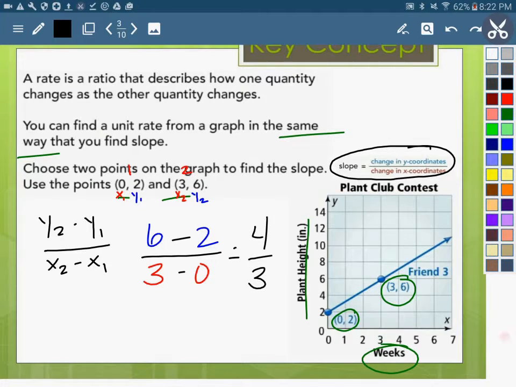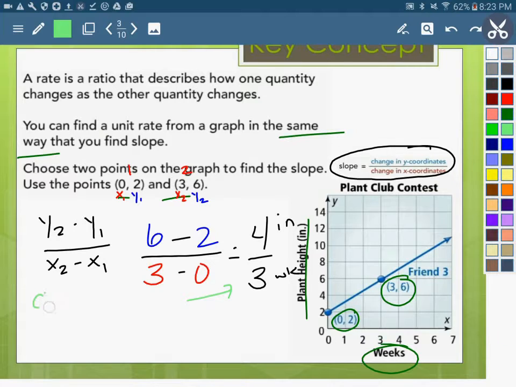The rise represented the height, so that's 4 inches, and the run represented the weeks, so that's 3 weeks. So this slope, or this rate of change, is saying that the plant is growing at 4 inches every 3 weeks. But a unit rate wants this to be 1.